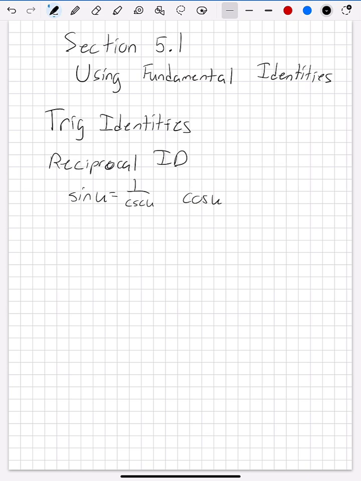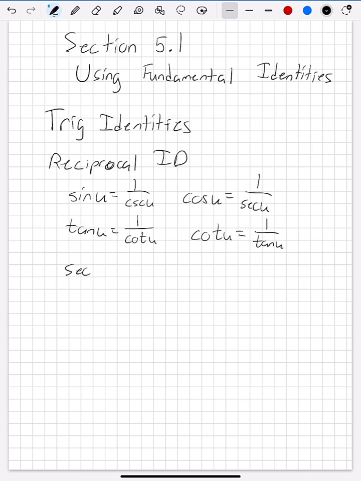Cosine of u is 1 over the secant of u. The tangent of u is 1 over cotangent of u. Cotangent of u is 1 over tangent of u.